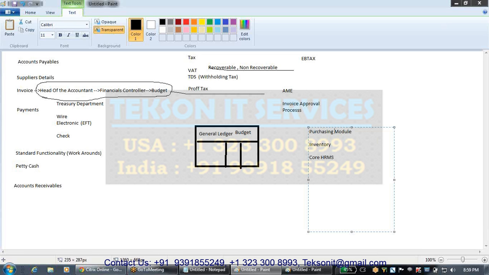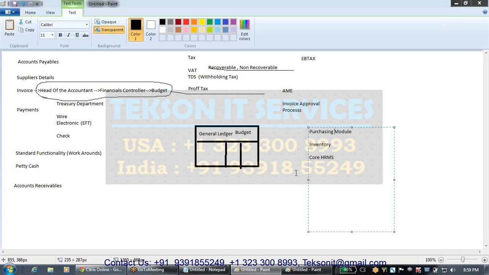So the complete purchasing module: how exactly, if there is any shortage of material, a purchase order is raised. There are different types of purchase orders and different types of requisitions. Suppose there is a requirement in the company, how exactly we do the bidding and how we get the quotations. Once we get the quotations, we analyze them. There are different types of evaluations. We do the preliminary evaluation and technical evaluation, and finally we approve the quotation and raise the purchase order.